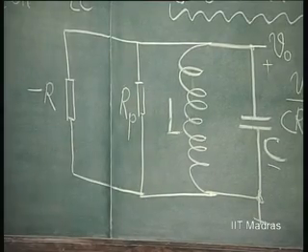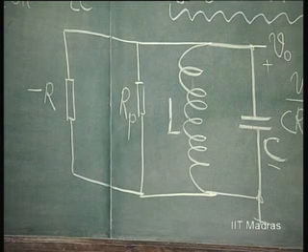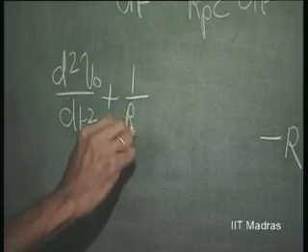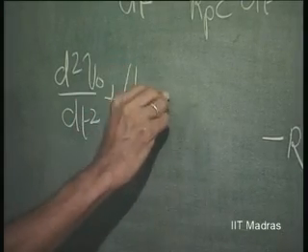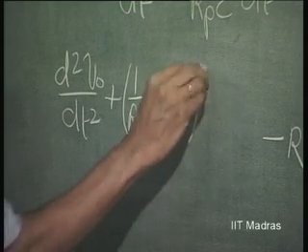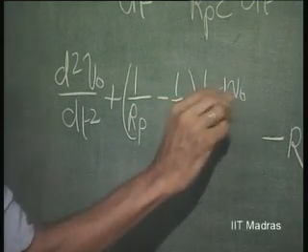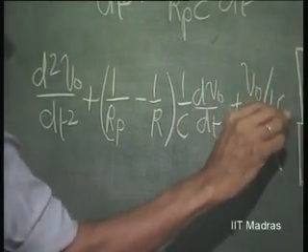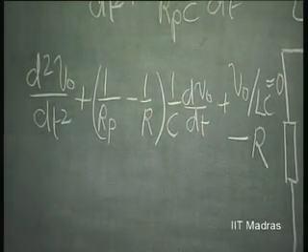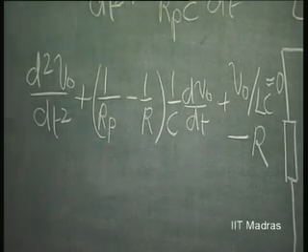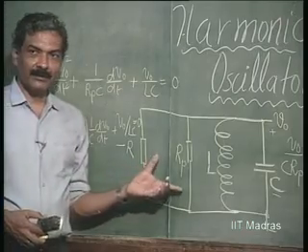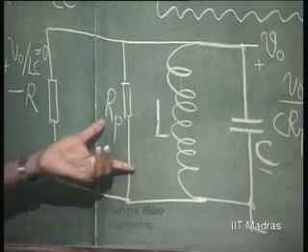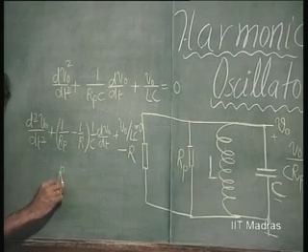So, this will then be modified as d squared V naught by dt squared plus (1 over Rp minus 1 over R) into 1 over C dV naught by dt plus V naught by LC equal to 0. So, I require a negative resistance to make the resistance equal to infinity. When will it happen? When R is equal to Rp.